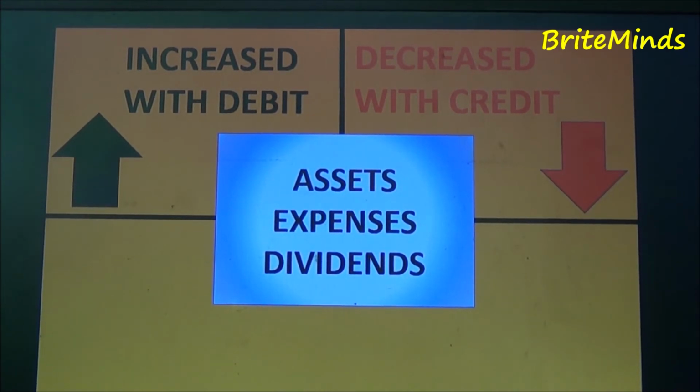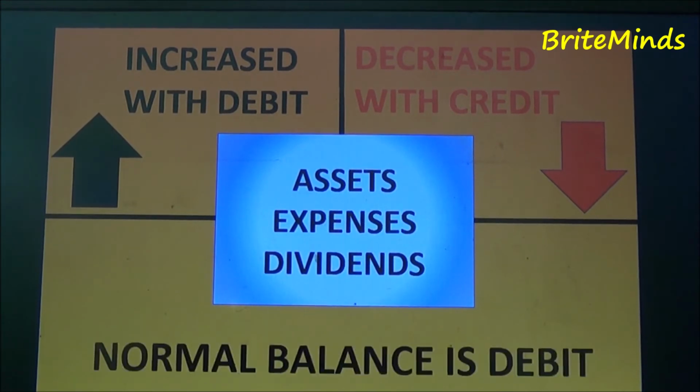So the normal balance of the asset, expense, and dividend accounts is debit. Remember, the normal balance of assets, expense, and dividend accounts is debit.